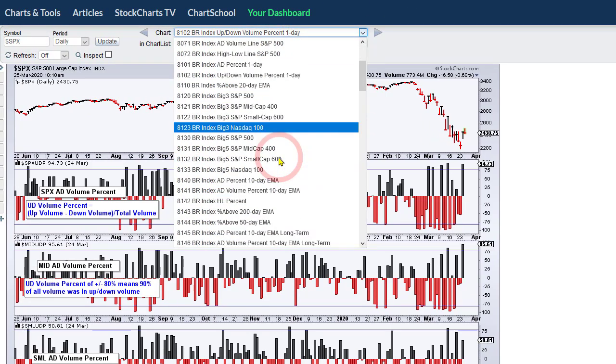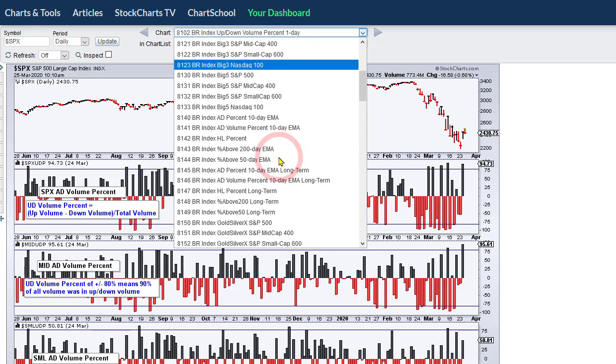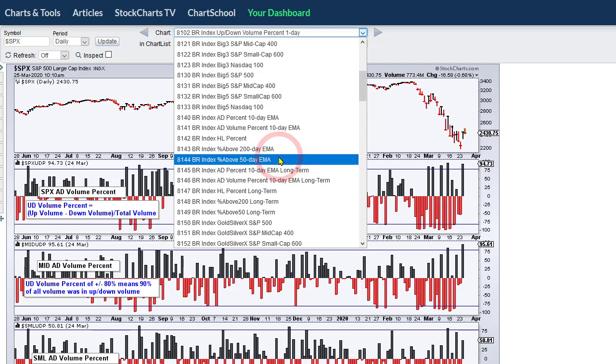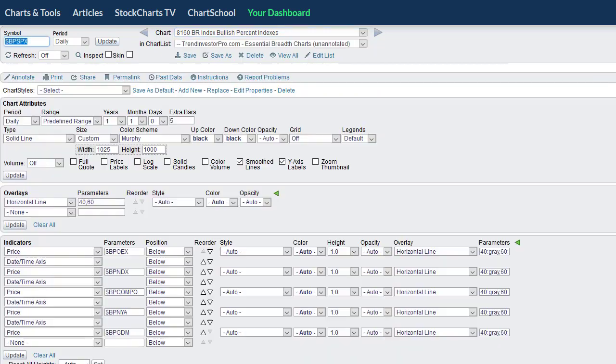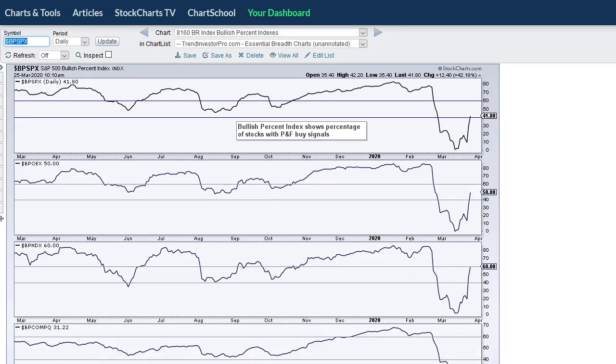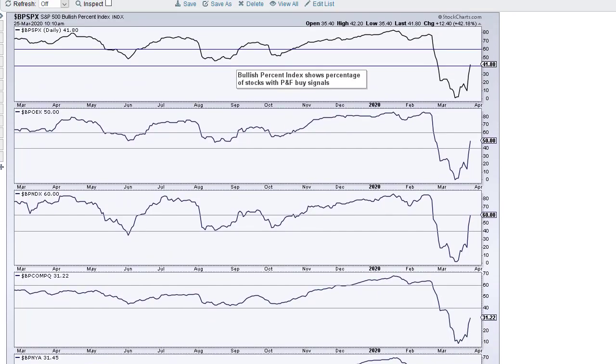I'm going to look at the bullish percent indexes because they were also showing some improvement. There they are. I've got over 100 breadth indicator charts on this chart list. I'll tell you more about it in a second. But there you can see this is the number of P&F buy signals, and this is the S&P 500.